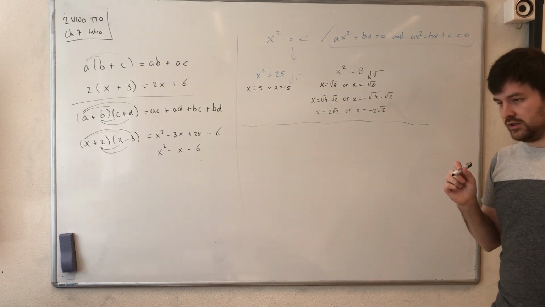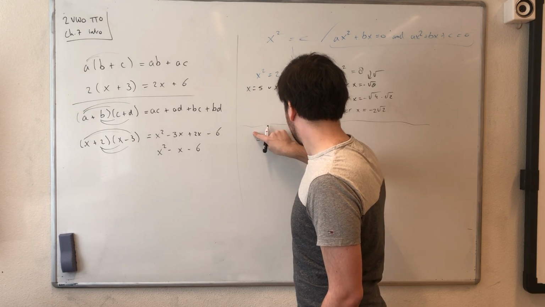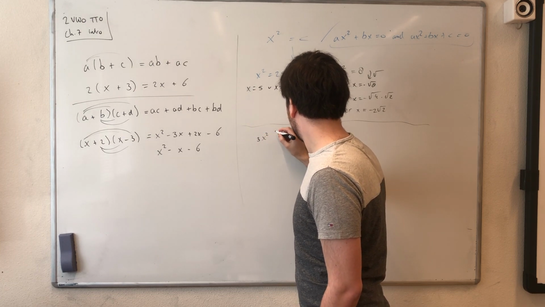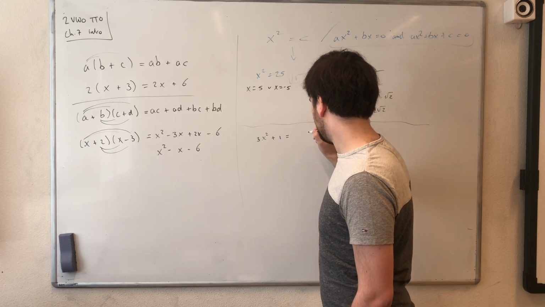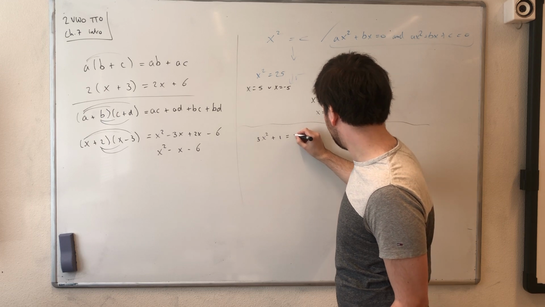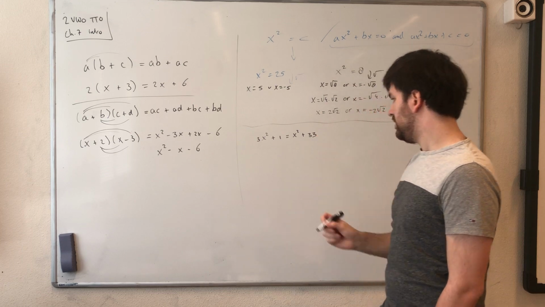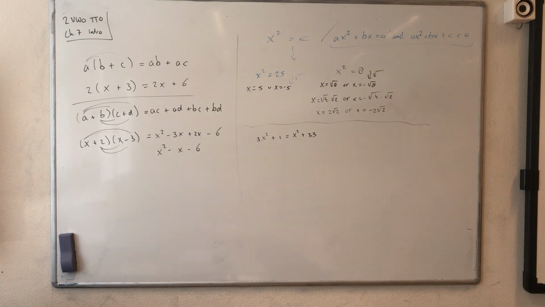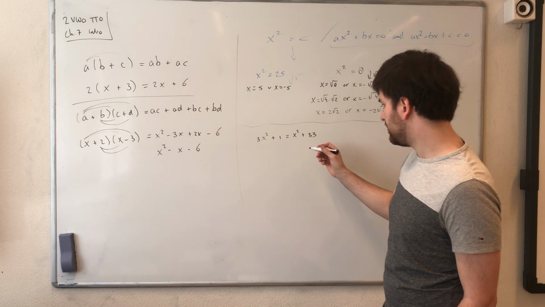And then we made things even harder. We had exercises like 3x squared plus 1 equals x squared plus 33. If we had an equation like this, you had to use the balance method from chapter 3 to make sure that all the numbers were on the right side.